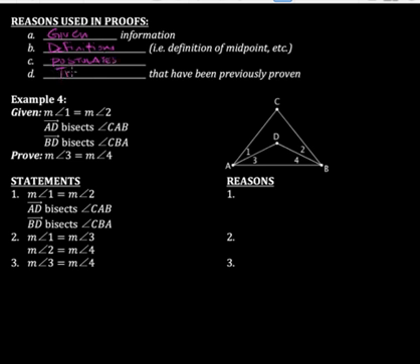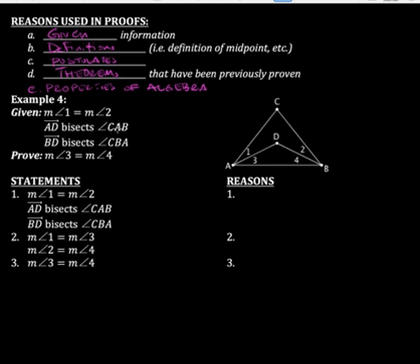And we will use theorems. And then one thing I guess you could put on here is we will also use different properties of algebra, those things that we learned about in section 2. Properties of algebra. That would be, I guess, the 5th thing that we might use in a proof.